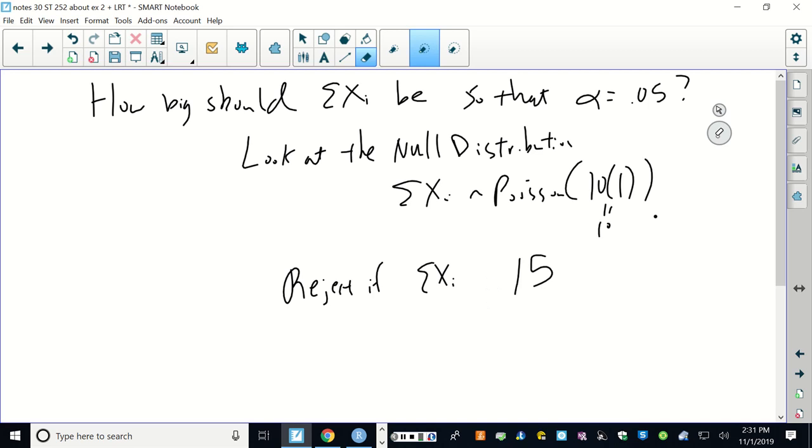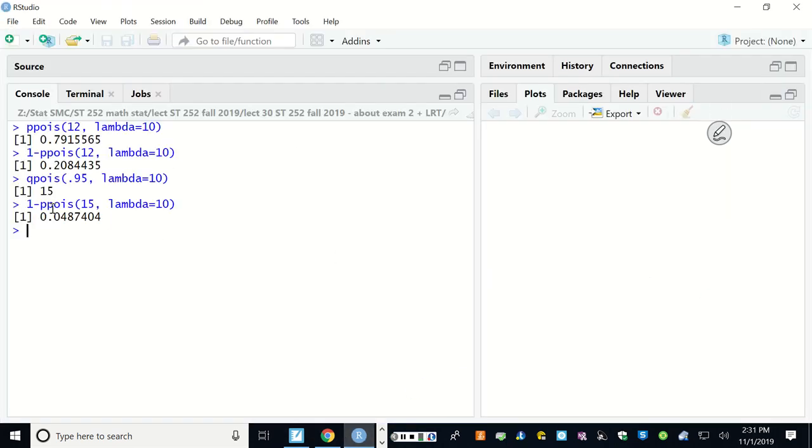If it's greater than 15, then the alpha level is about 0.05 or so. This one is 15 or less, and so 1 minus that is greater than 15. If we reject for 15 or above, this would become 14, and it's about 0.083. So if we allow 15 to cause rejection, we're a little bit bigger. As we push that sum of xi's out there, it becomes harder and harder, and the probabilities under that distribution become smaller.